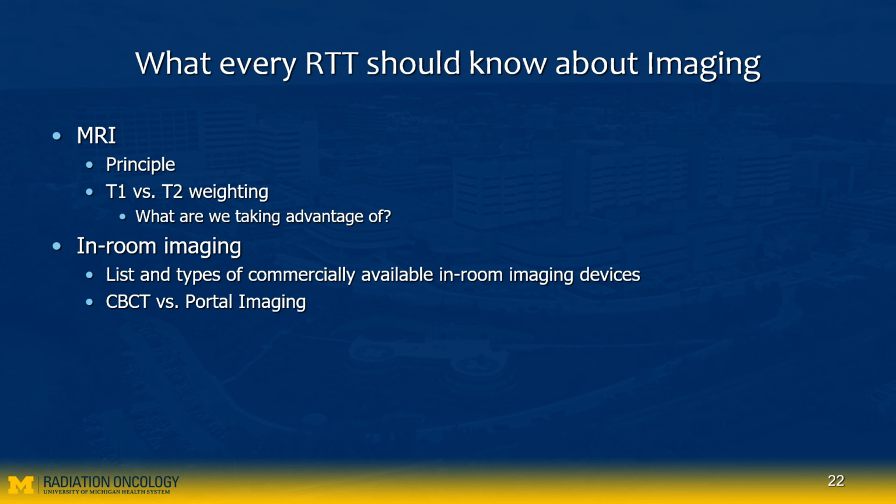And MRI, we talked about the basic principle of MRI, and we learned about T1 weighted and T2 weighted. So you should be able to tell by just looking at an MRI whether it is T1 weighted or T2 weighted. And then we learned about the list of what's currently commercially available in-room imaging, and how cone beam CT works and how portal imaging works.